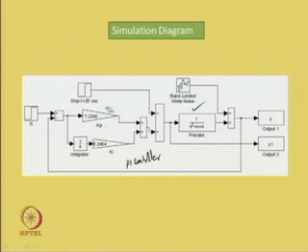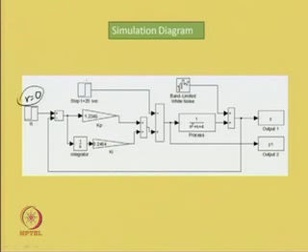What else do we have? To see the impact of load and measurement noise disturbances, let us set R equal to 0. There is no need for any set point input, because we are interested in the disturbance responses.